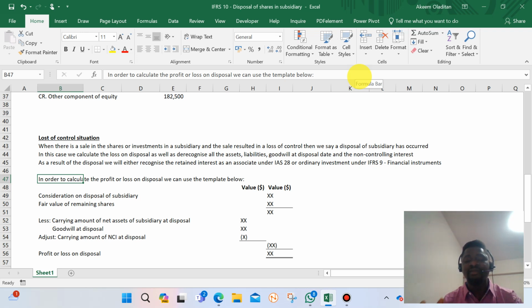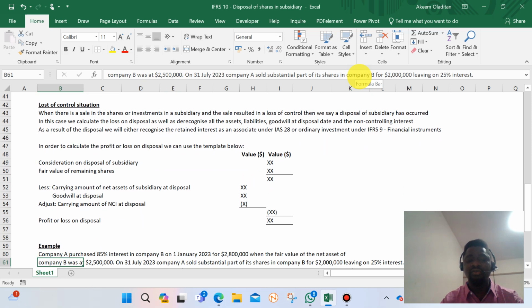Then we derecognize all the assets, liabilities, goodwill at disposal, and non-controlling interest at disposal. So those values will be derecognized in the books, and as a result of that, we now recognize profit or loss on disposal in the consolidated financial statement. So that's how we treat it.